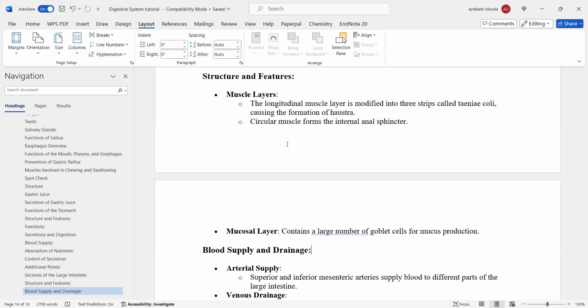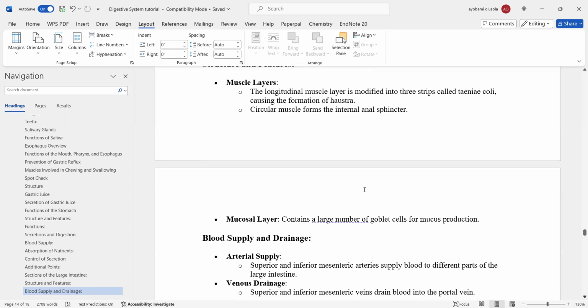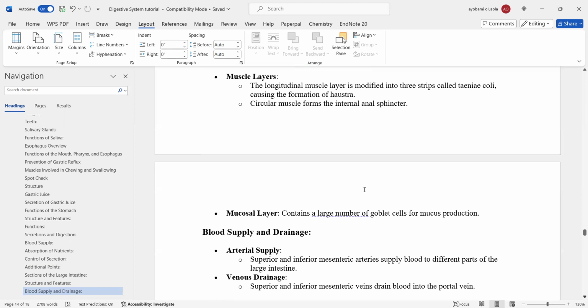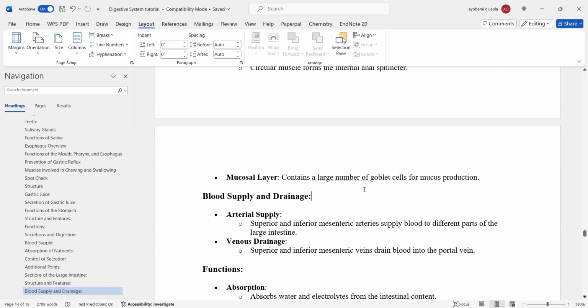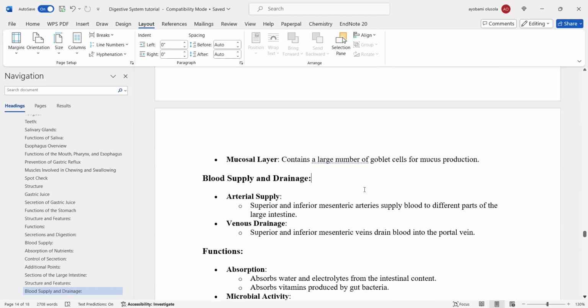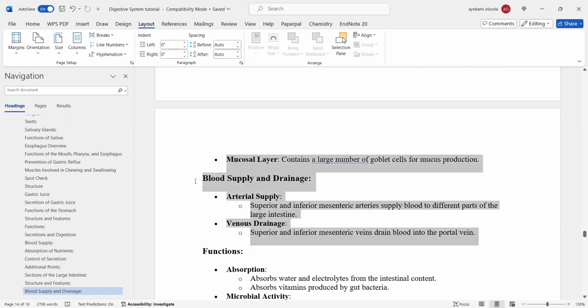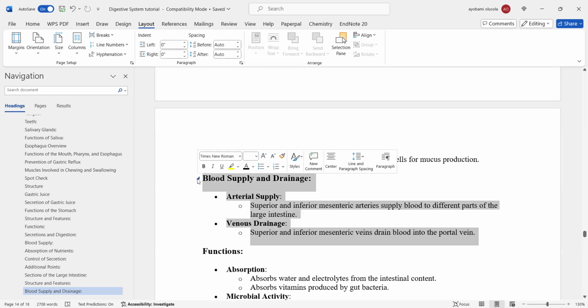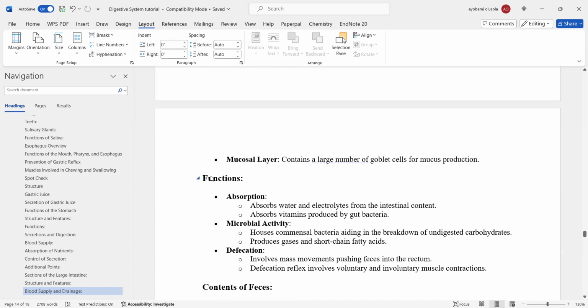It's not very important. Although you must also know that the rectum has a mucus layer that has a large number of goblet cells for production of mucus. But we can skip all these. They are not necessary. Let me even move them out of the notes. They're not necessary for your exams.